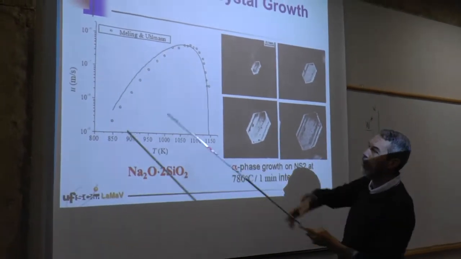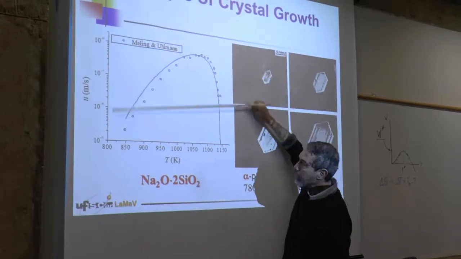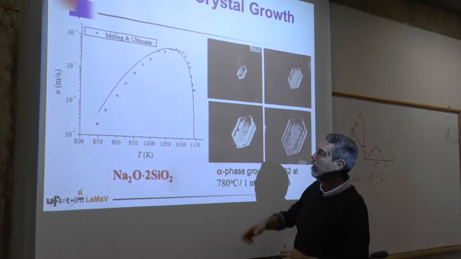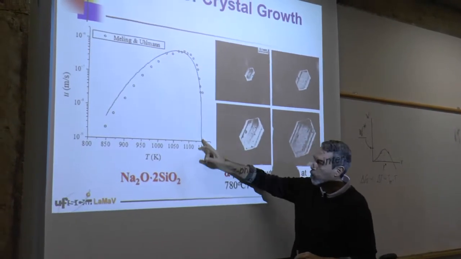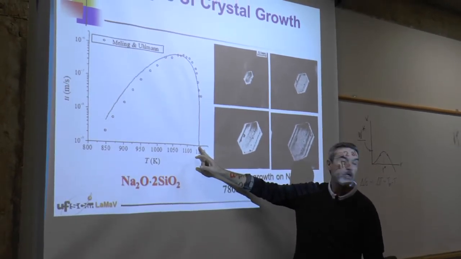So 3 orders of magnitude of variation. Of course, coming towards the melting point, the growth rate is 0.